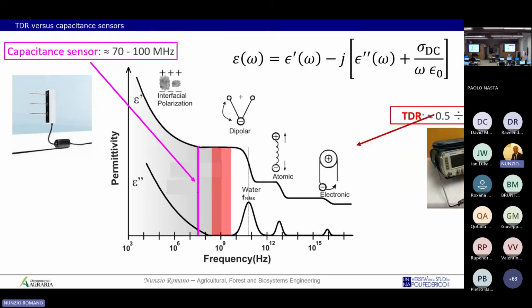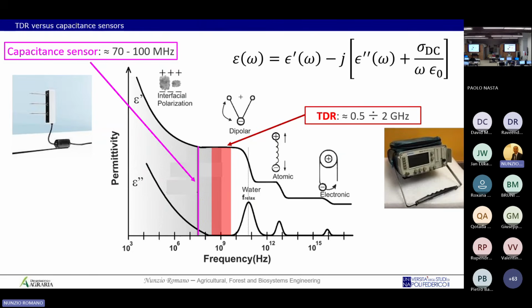Comparing to the TDR, the working frequency of the TDR ranges between 0.5 and 2 gigahertz, and you can see the sort of reddish bars I put into the plot.